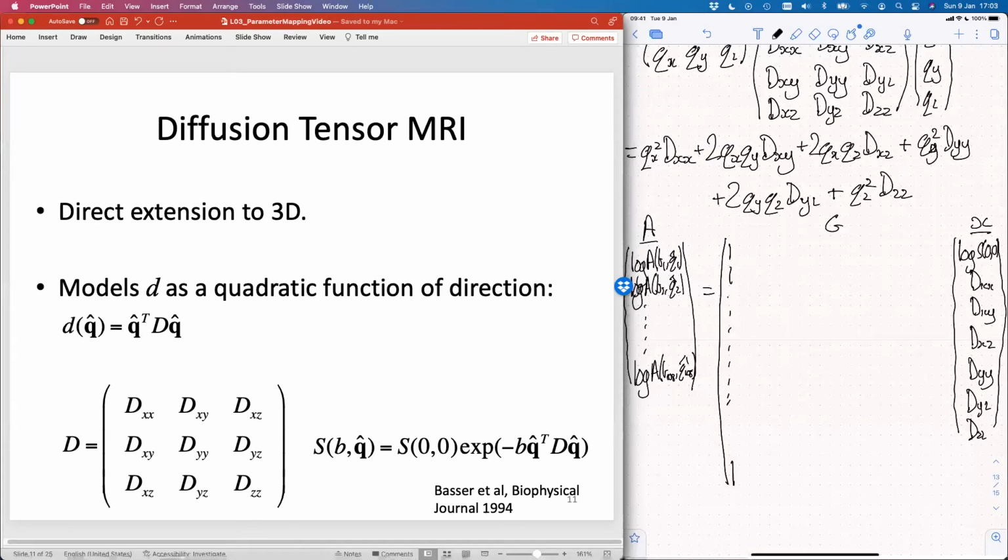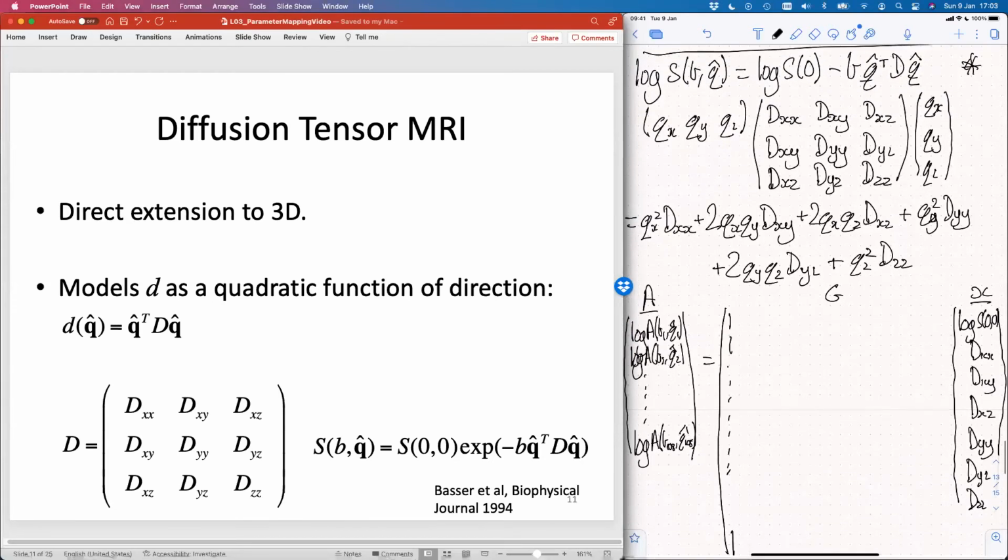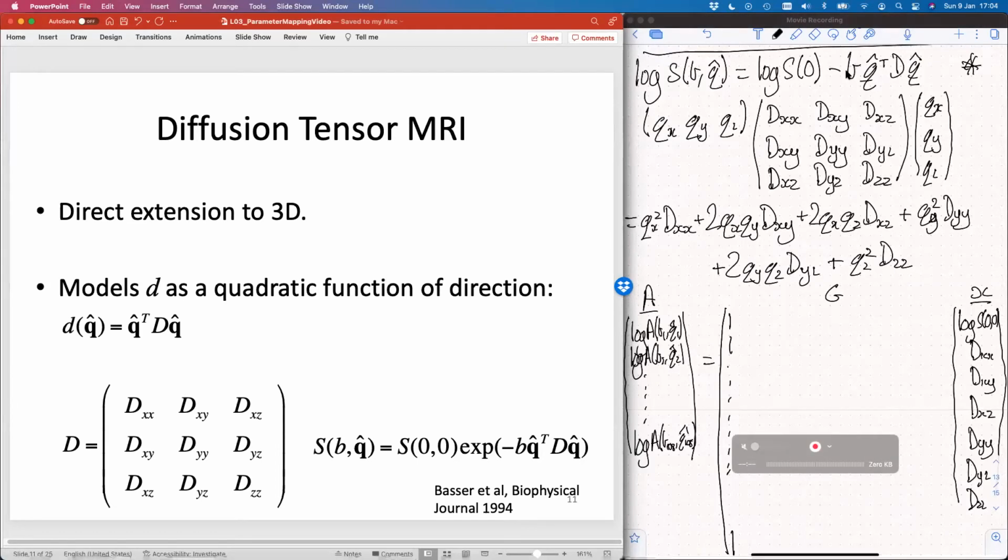And then the second unknown is dxx, and we can see that we've got a qx squared from here, but we've also got a minus b from up here. So I think the full coefficient for dxx is going to be minus b times qx squared.